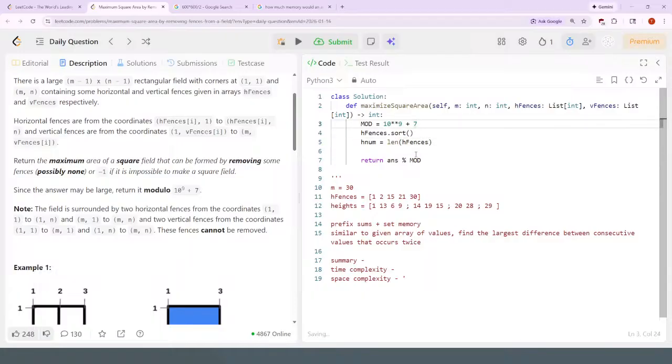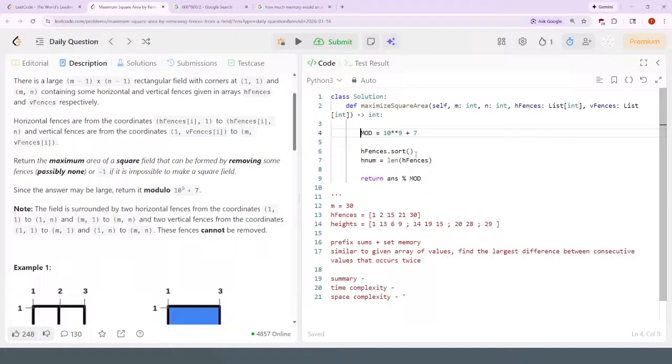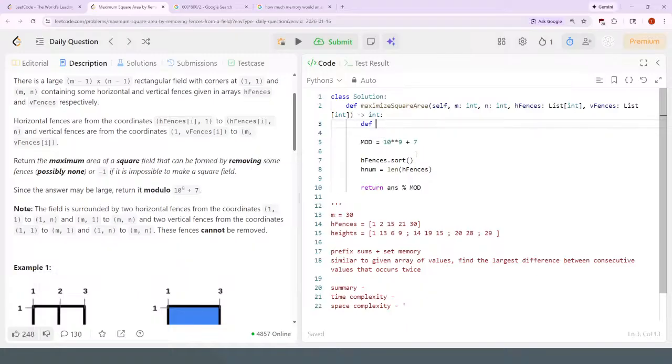Actually, let's just make a helper function here. Define get lengths, taking an array of integers, returning another array of integers.